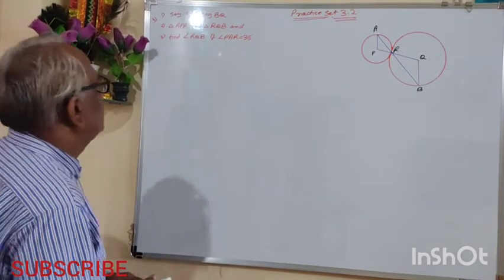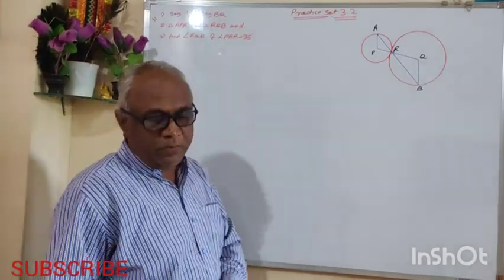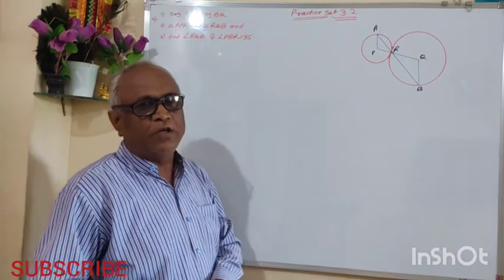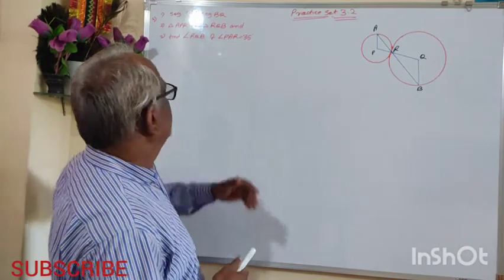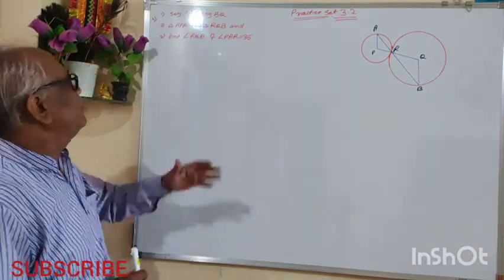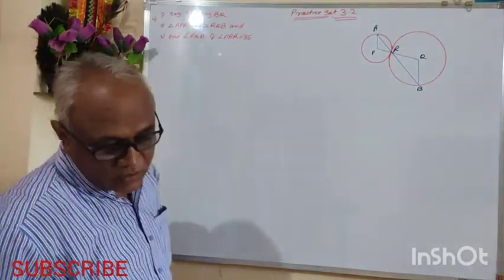Now example number 4, that example number 3 is a construction. I know that you are able to solve it, so directly I am jumping to question number 4. Here question number 4, part A, I will read the question.